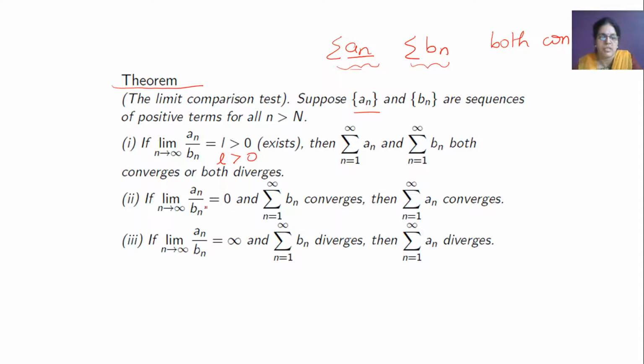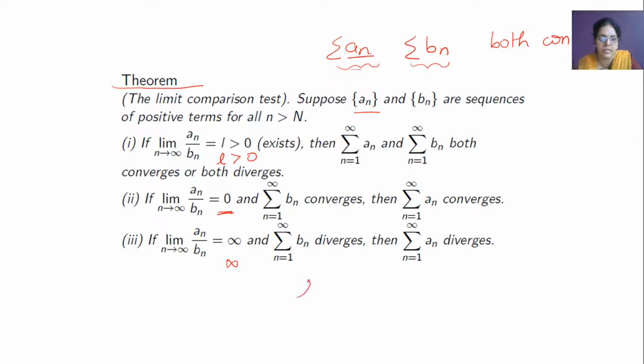Similarly, if that ratio is 0, the particular number 0, then in this case if sigma bn converges, then sigma an also converges. And if that limit is infinity, then if sigma bn diverges, then sigma an diverges.